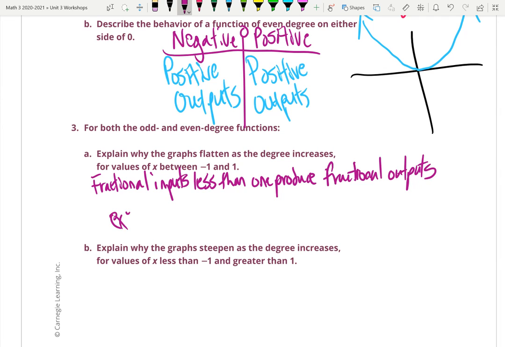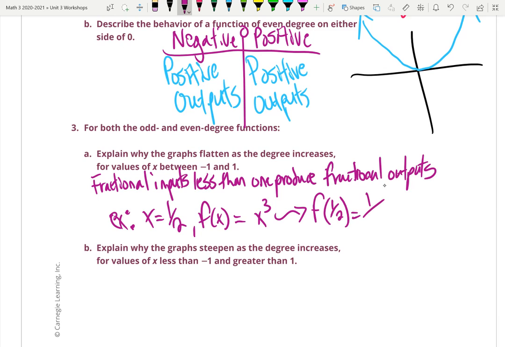For example, if I have x equal to 1/2, when f of x is equal to x to the third, this means f of 1/2 is going to be equal to 1/8, which is actually less than the original amount.